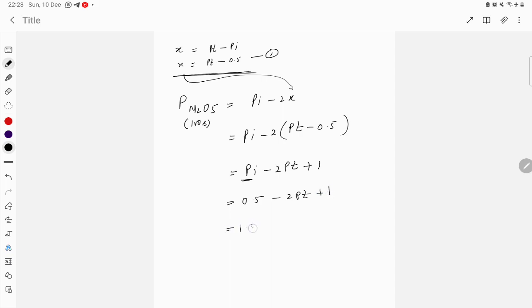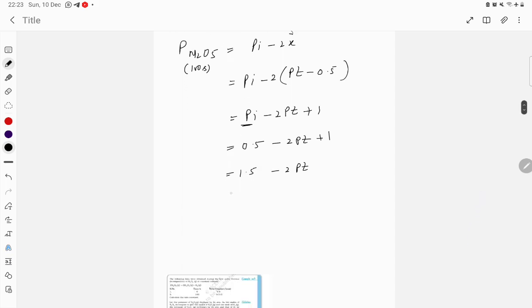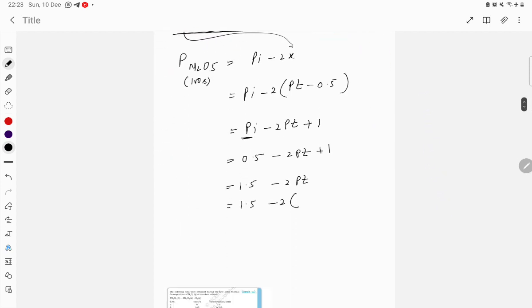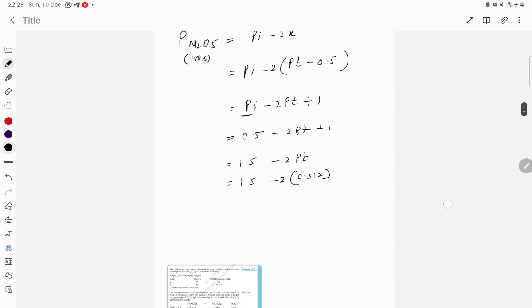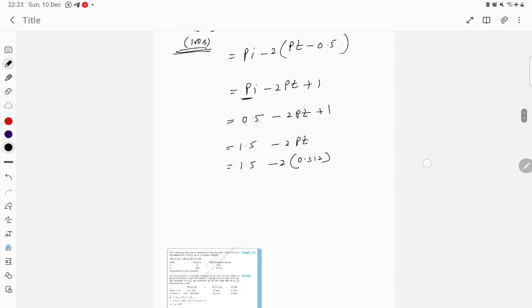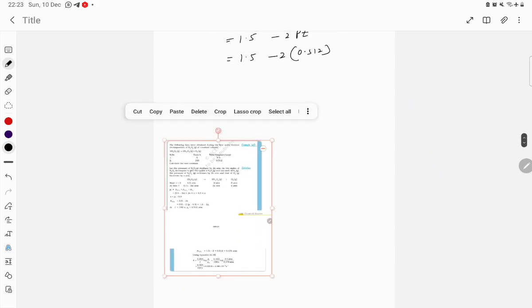So 1.5 minus 2 Pt, right? Now what is the Pt? Final pressure they have given, student, Pt is 0.512. So I am writing 0.512. If you put that in, you get the pressure of N2O5 reactant at 100 seconds, right?